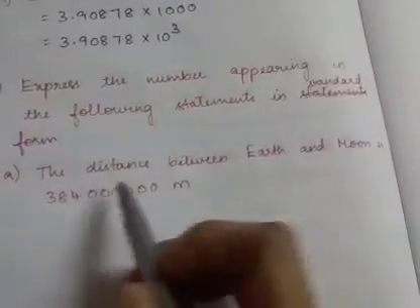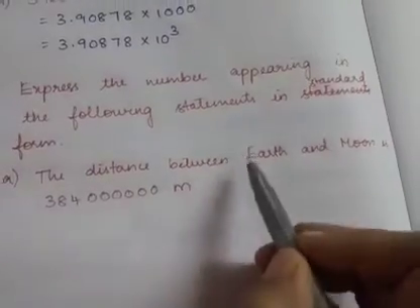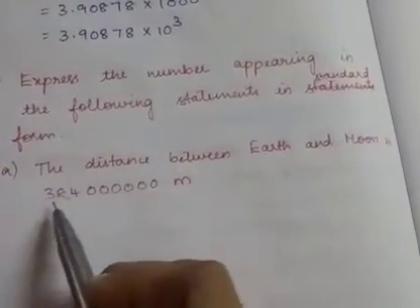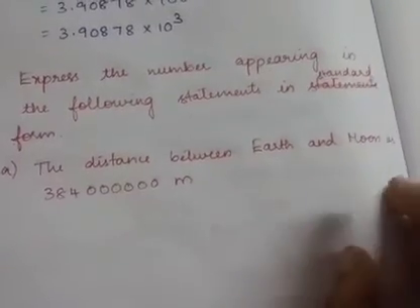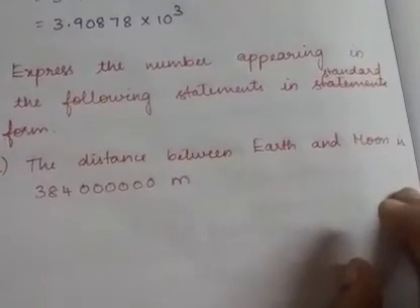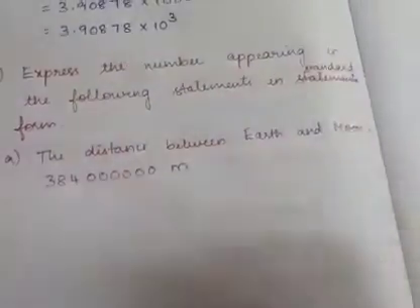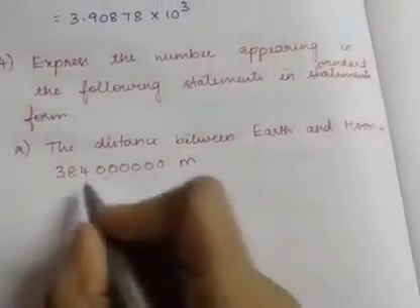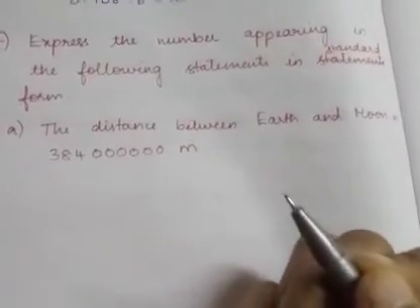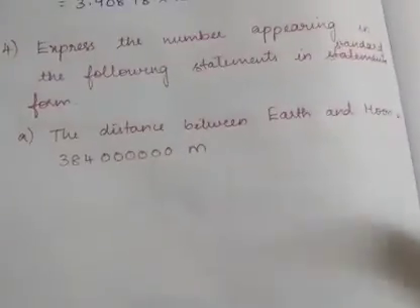What is the first question? The distance between Earth and Moon is 384,000,000 meter. They have given that very large number, so we are going to write this number in standard form.